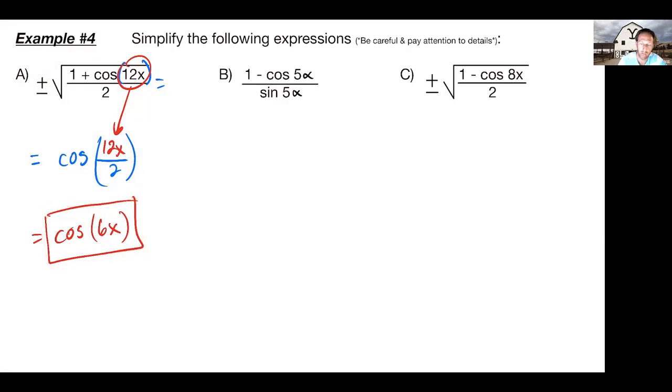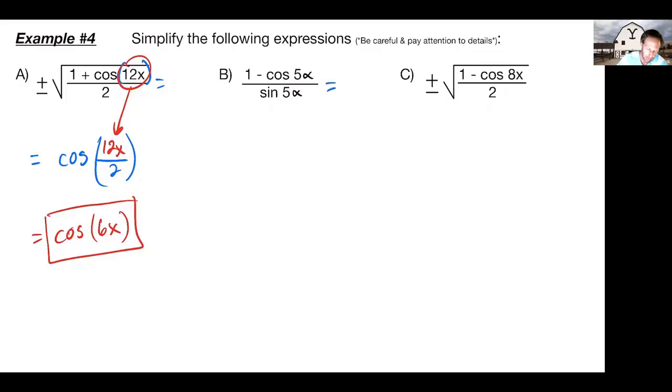All right. Part B, hopefully you recognize, does not have a square root. Therefore, it can't be the sine or the cosine. And hopefully you're looking to see if it's the tangent. Is it one of the tangent ones? Did we have 1 minus cosine of an angle over sine of an angle? Hopefully you recognize that. I just did it in the previous example.